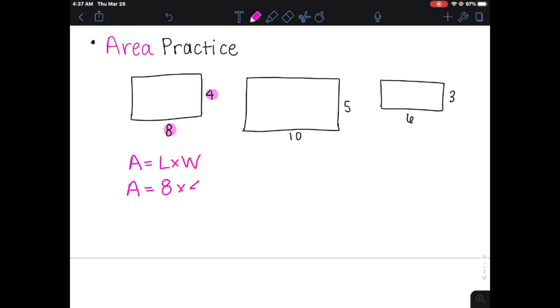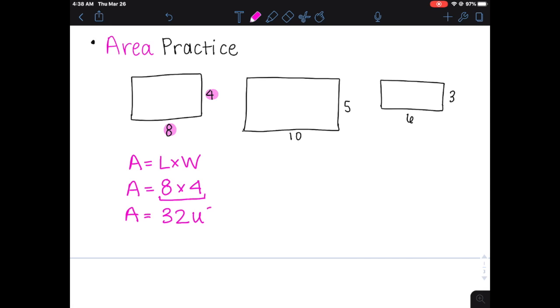So instead of writing W, we'll write 4. Now we have to simplify this part of the equation. So A equals, what is 8 times 4? 32. So the area of this rectangle is 32.